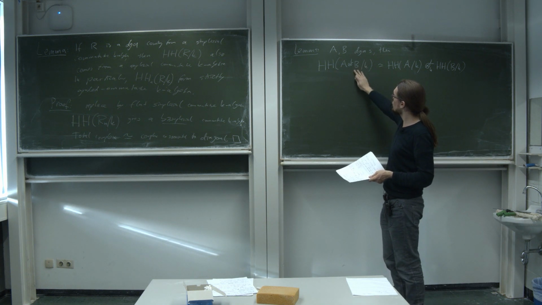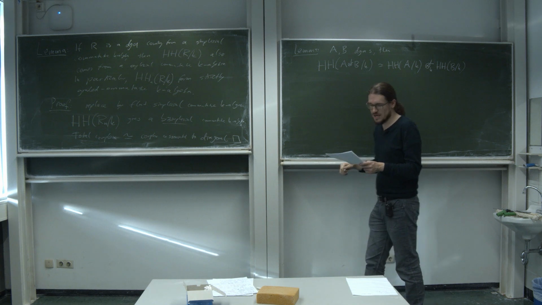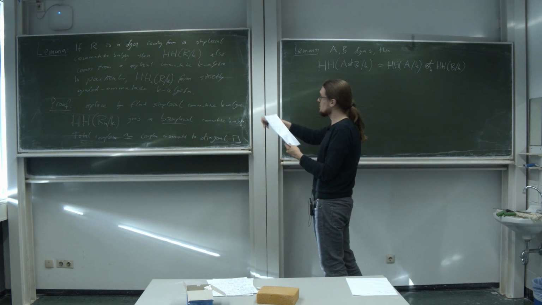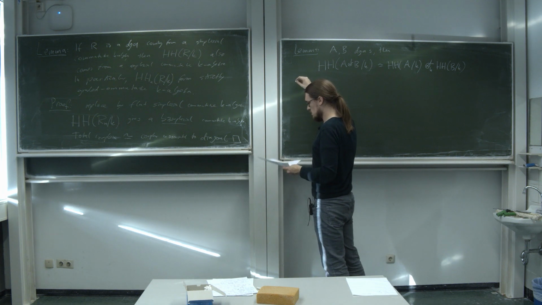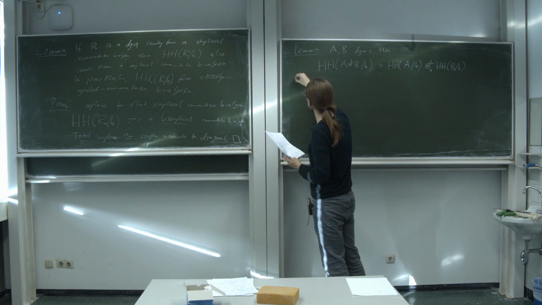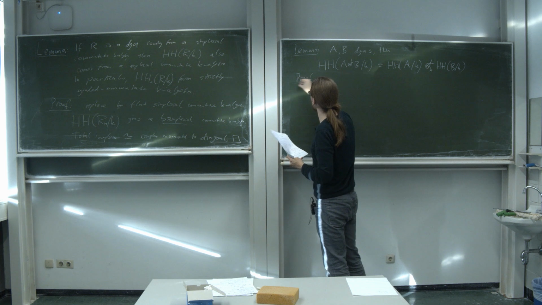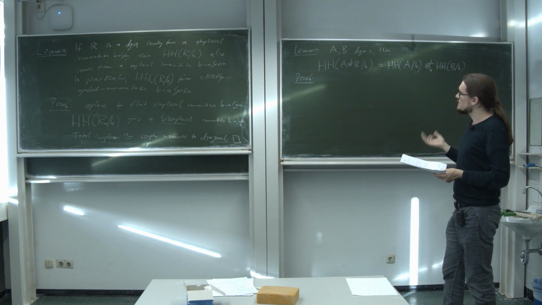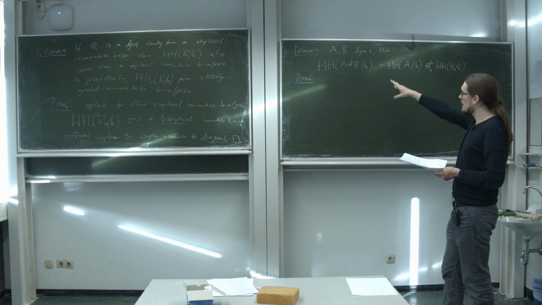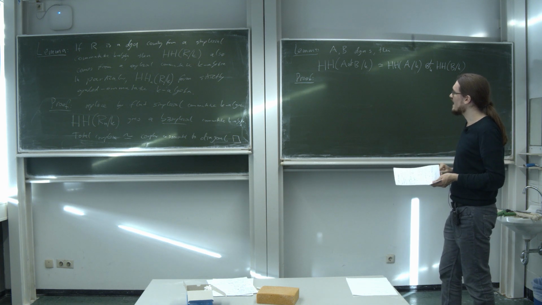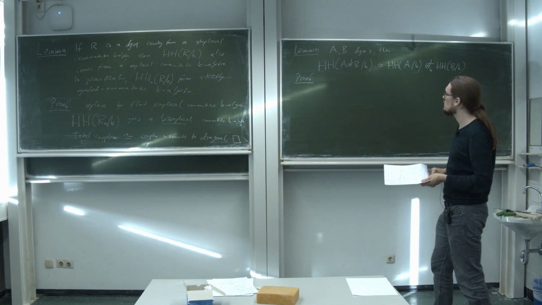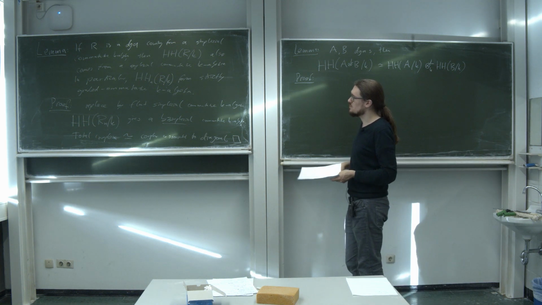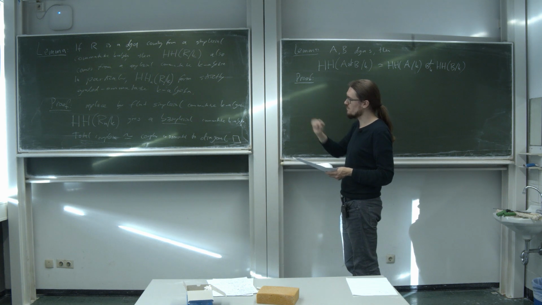But this works for associative DGAs, no assumptions on commutativity. And the proof is very similar to what we did here. So let's maybe go through it quickly. The idea is, again, we can first replace A and B by K-flat DGAs. And we don't have to think about this deriving here. And we can just compute Hochschild homology by the formula we gave.